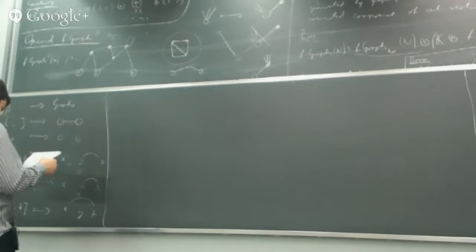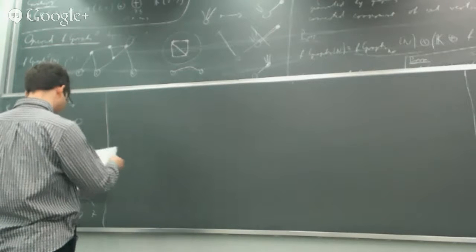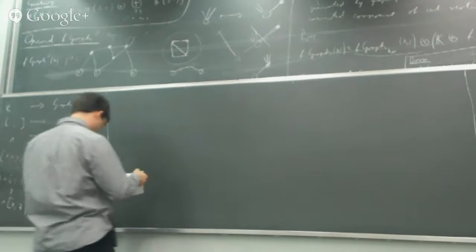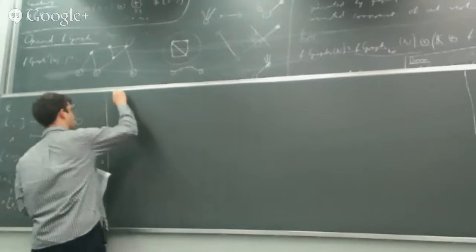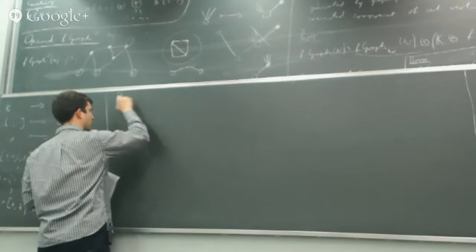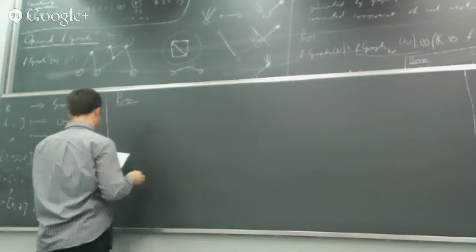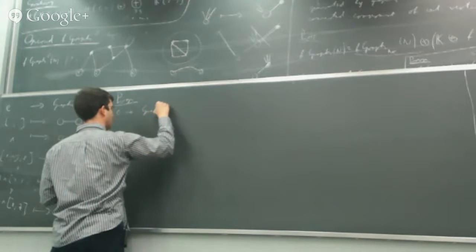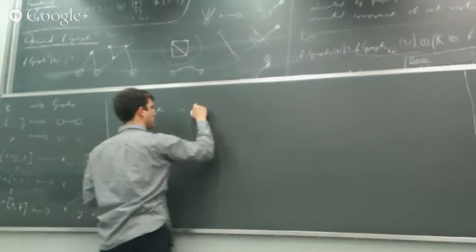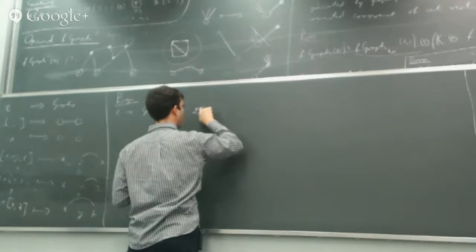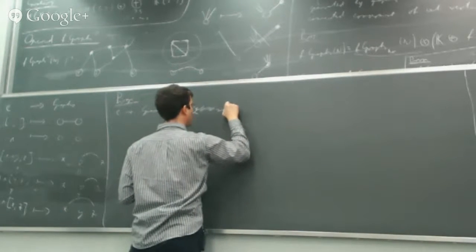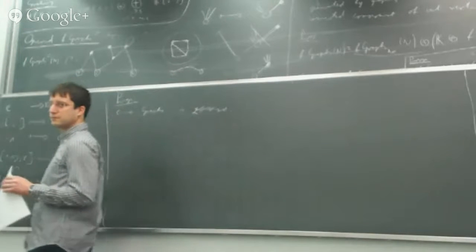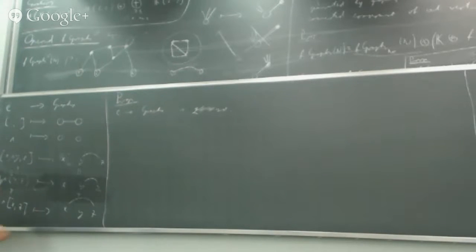Okay, very nice theorem. I like this theorem very much. Proposition. This map, E to graphs, is a quasi-isomorphism. Proof.